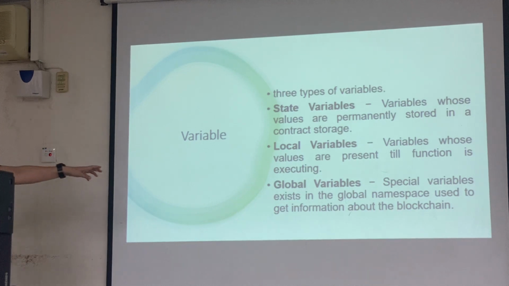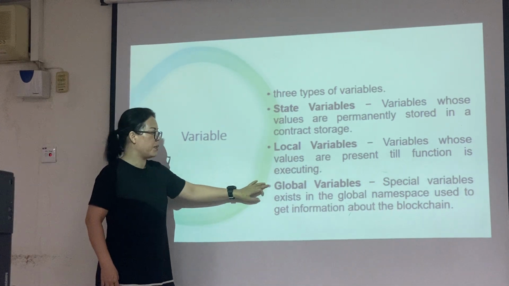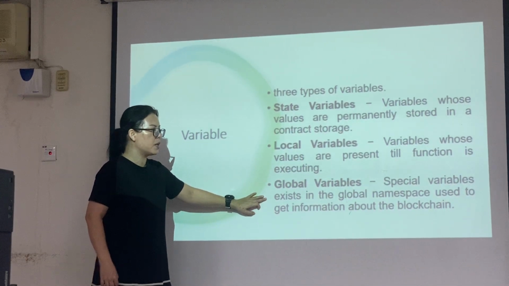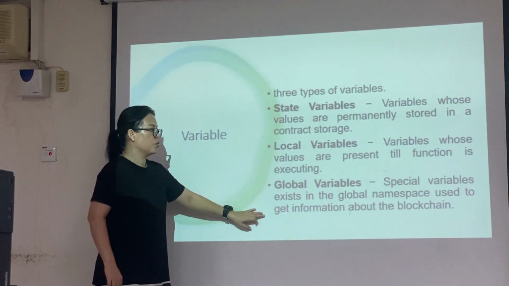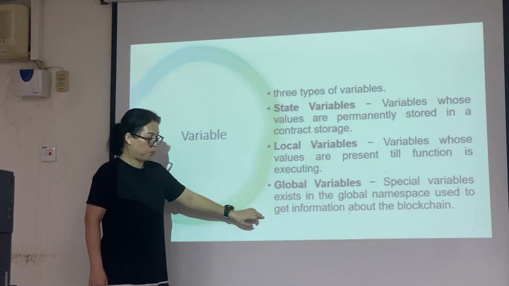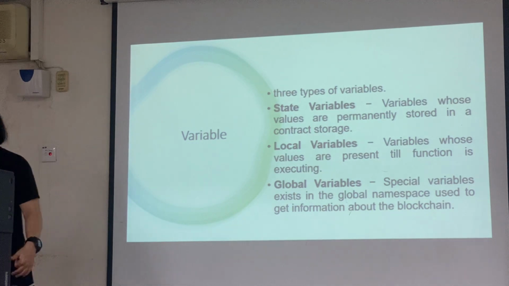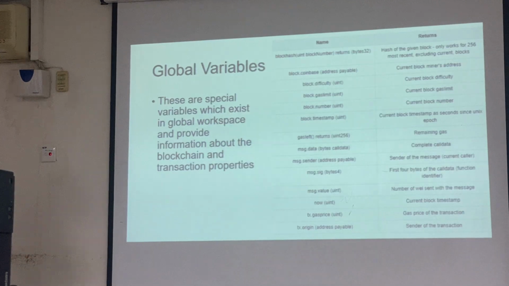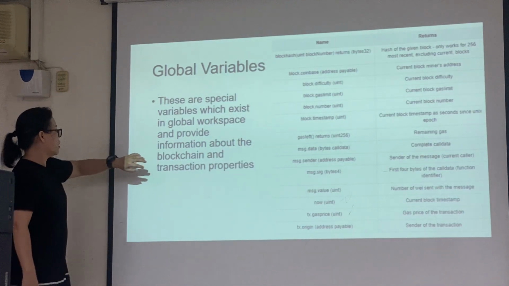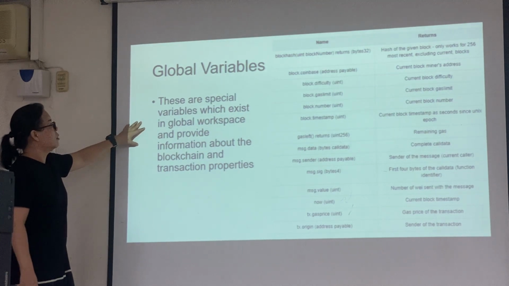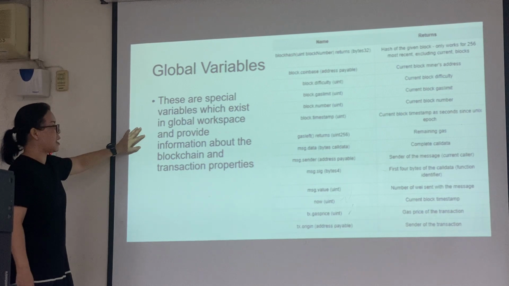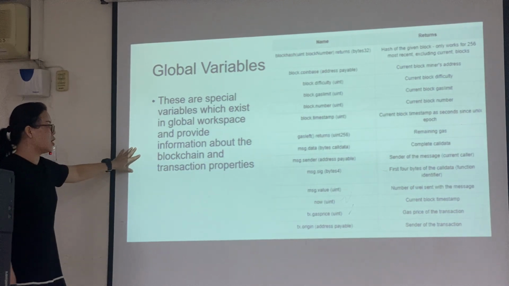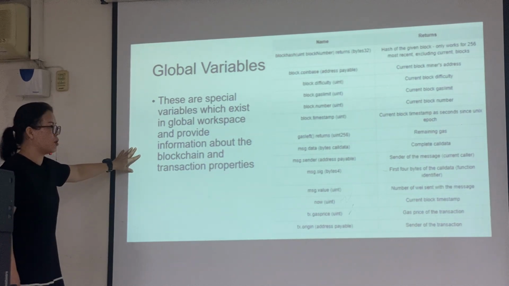A global variable is a special variable that exists in the global namespace, used to get information about the blockchain. Okay, timestamp also. So this is a list of the global variables. These are the special variables which exist in the global workspace and provide information about the blockchain's transaction property.